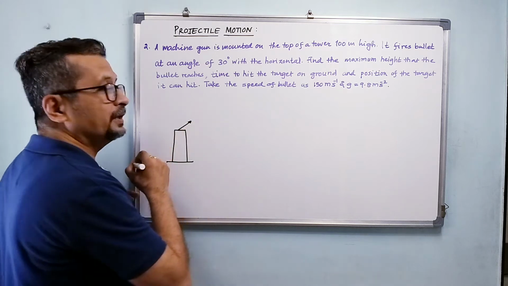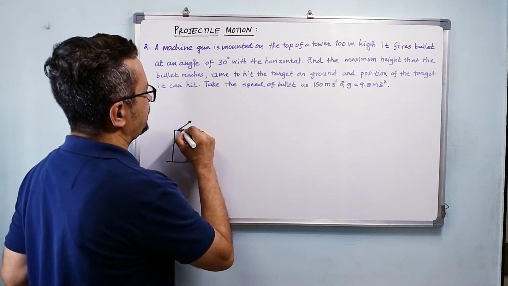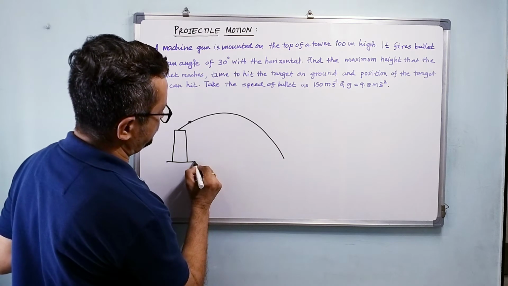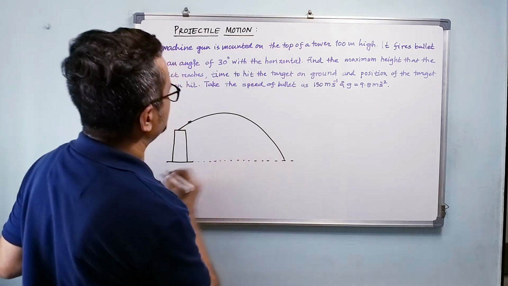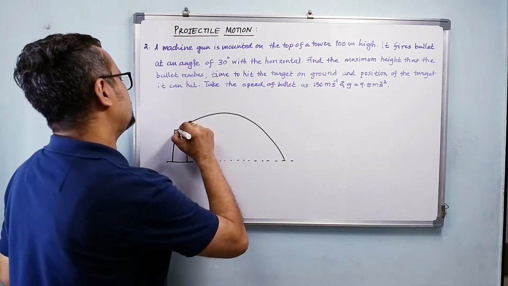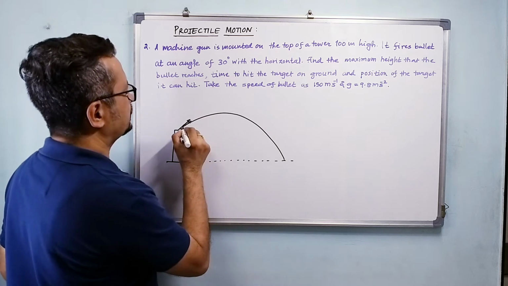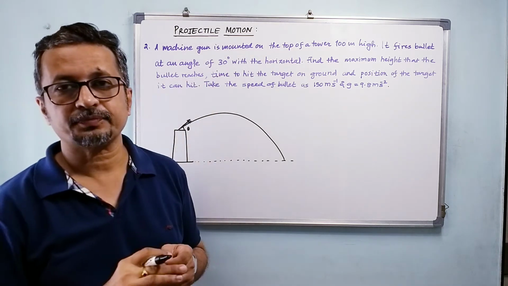It's going to fire this bullet like this, and maybe it would move like this, and this is your ground level. This is your initial speed, direction of initial velocity here, and this angle is theta, and that has been given to be 30 degree.